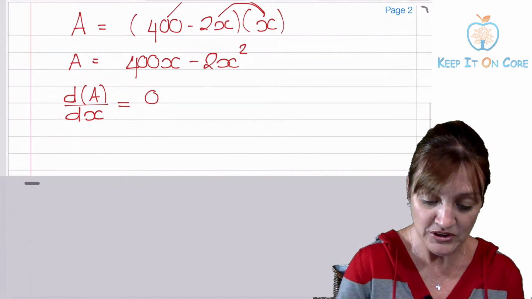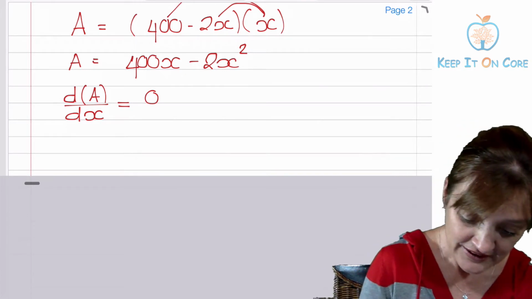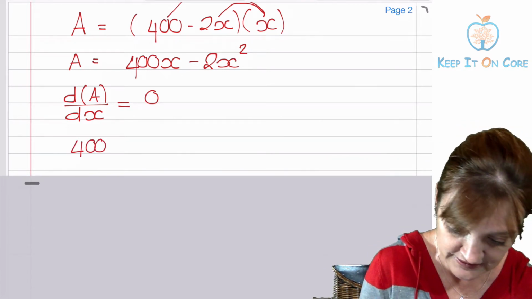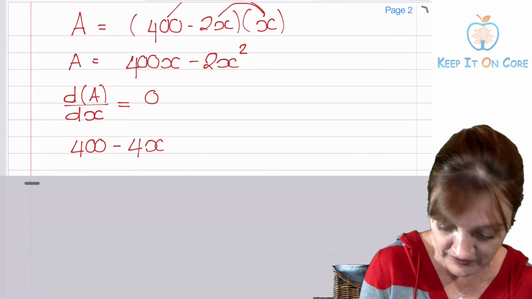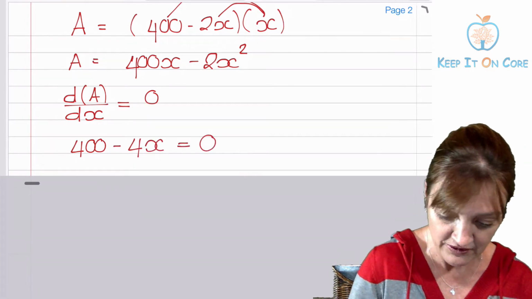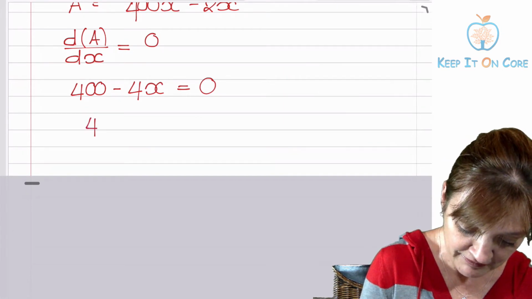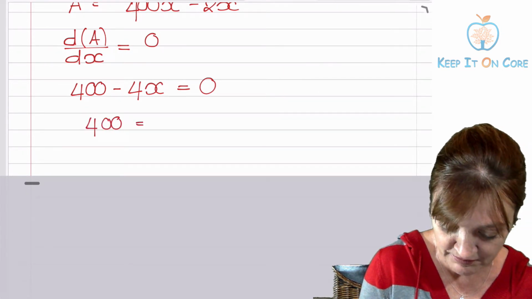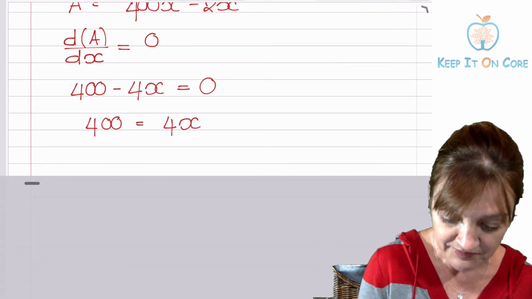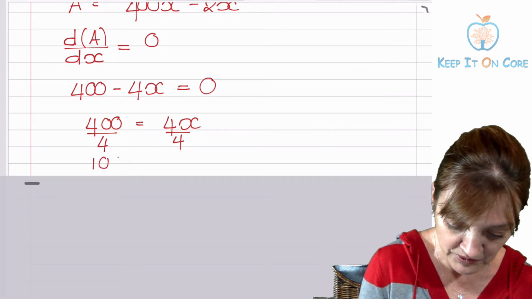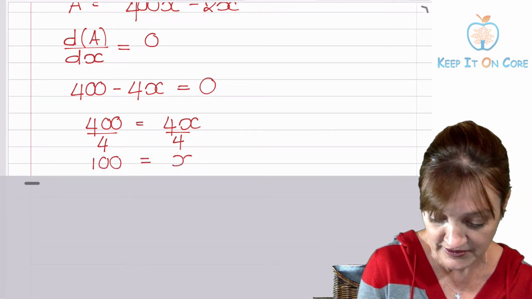That's the key here. The derivative of my area is going to be 400 minus 4x, and I'm letting it equal 0. I'm going to bring my 4x over to make it positive 4x. Dividing both sides by 4, I land up with 100 being equal to x.